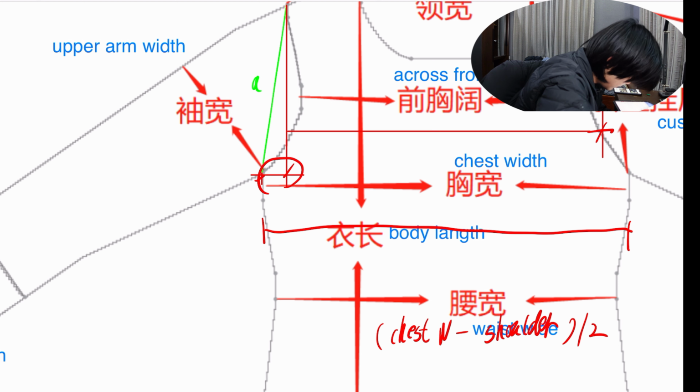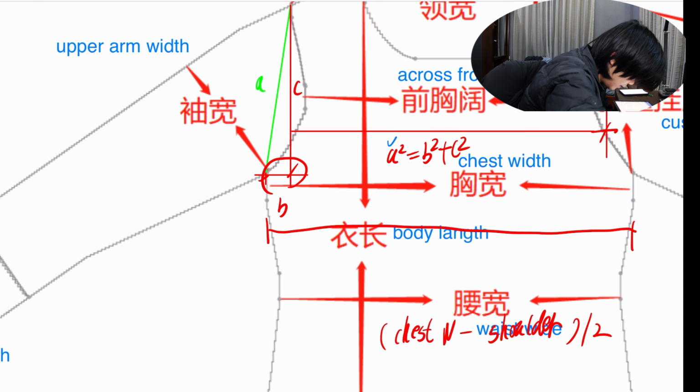Is that right? So we have known the B, so the C can be calculated by using the Pythagorean theorem. How? A squared equals B squared plus C squared. Is that right? And we know A and we know B.